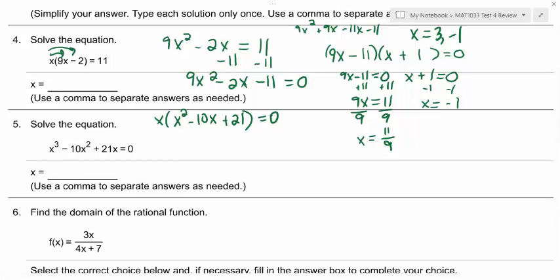That would be an x minus 7 and an x minus 3. So you would get an x equals 0, an x equals a positive 7, and an x equals a positive 3. Very, very good.